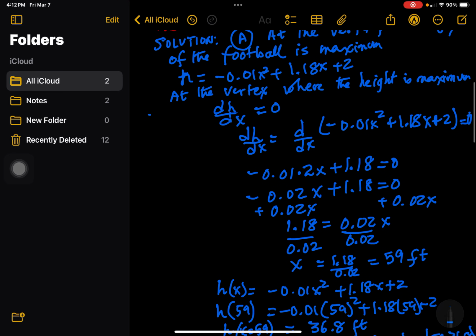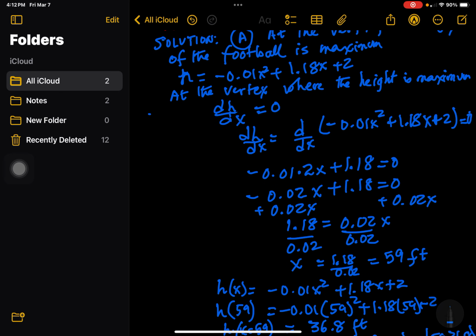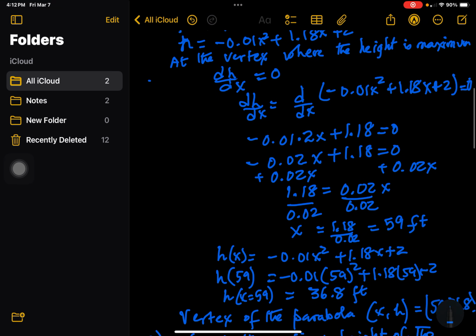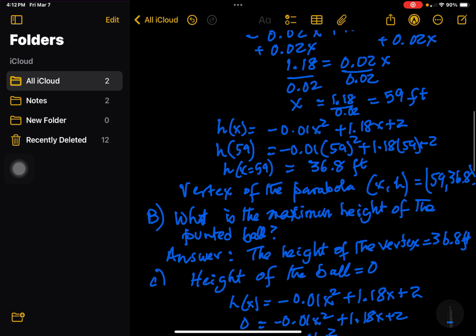Solve for x: x is 59 feet. Plug that back in the equation for height with respect to x. So height at x equal to 59 is 36.8. Hence the vertex of the parabola, x comma h, where x is the x coordinate and h is the vertical distance, is 59 comma 36.8.